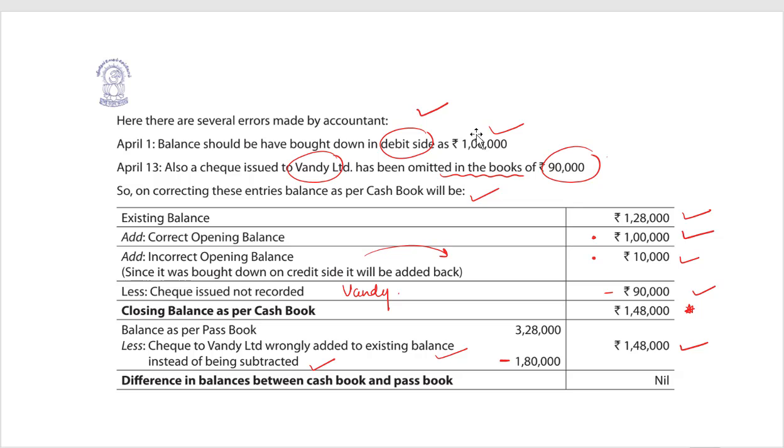So 3,28,000 minus 1,80,000 is 1,48,000. So this rectification has been done. Now the difference between the cash book and passbook is nil. That means the difference is rectified.